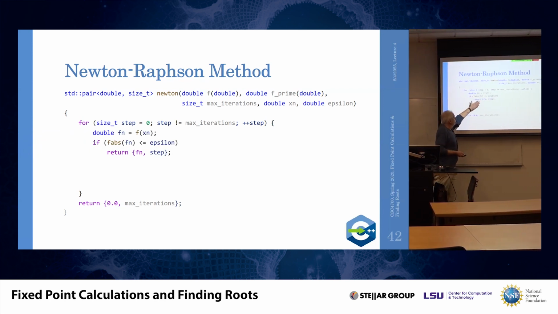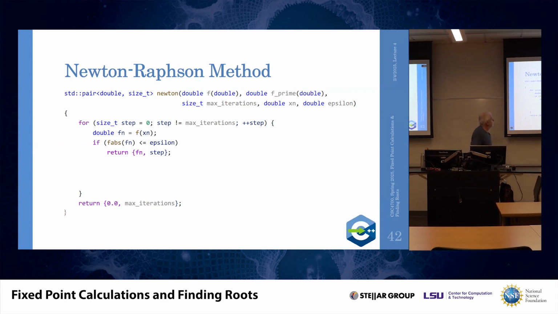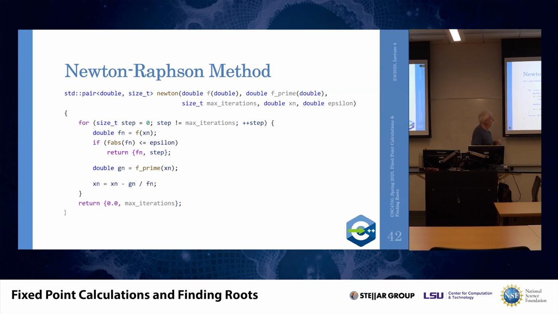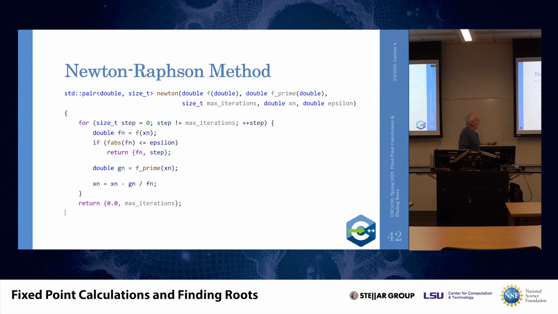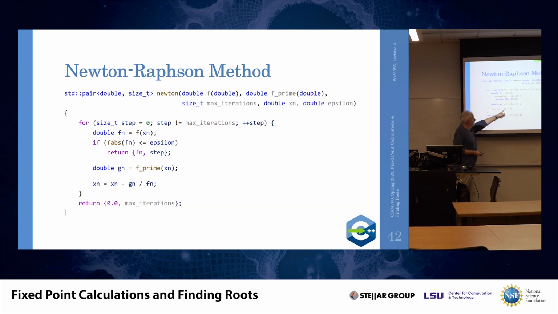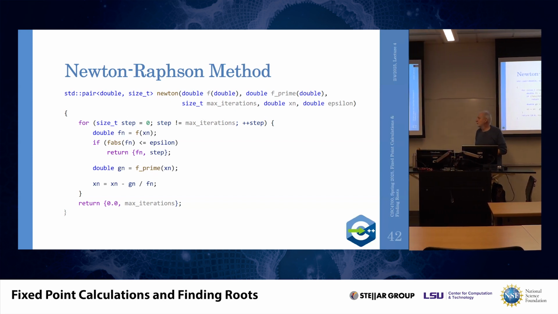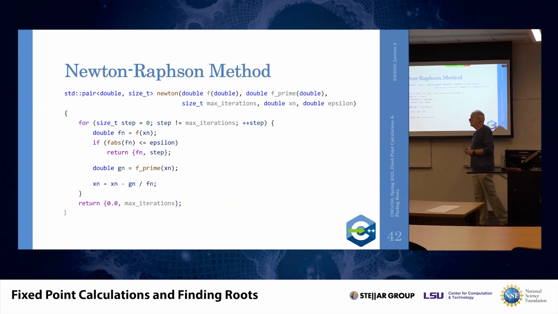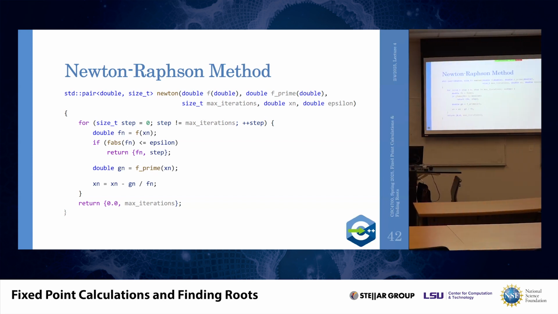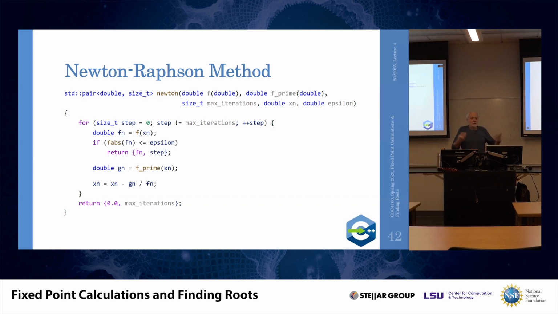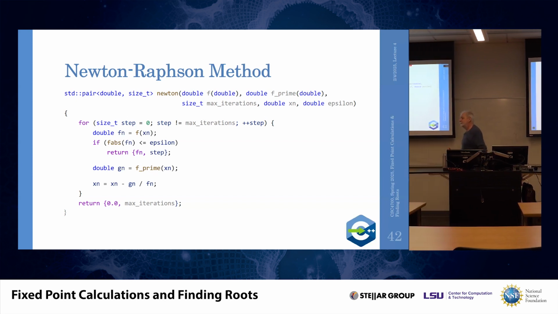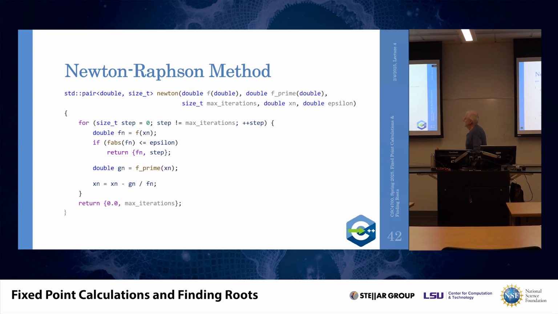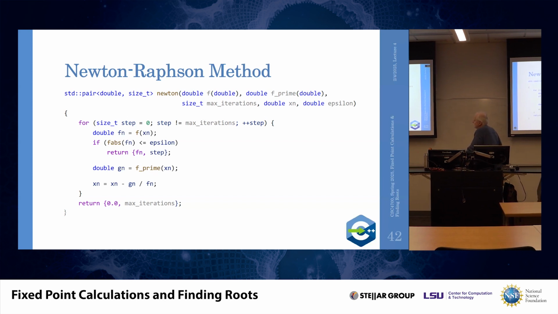If f is smaller than epsilon, we have found our result. Otherwise, we compute the derivative at that point and get to the next iteration value by just applying the formula I just derived, dividing the function value by the derivative and subtracting it from the current iteration value, and continue. Again, doesn't that look like a fixed point? Yes, it is a fixed point. So let's turn that into a fixed point.